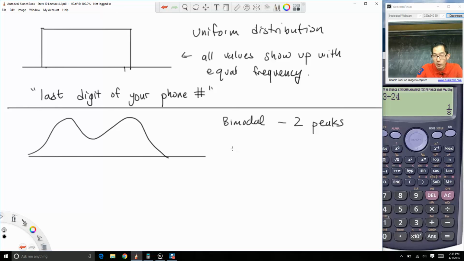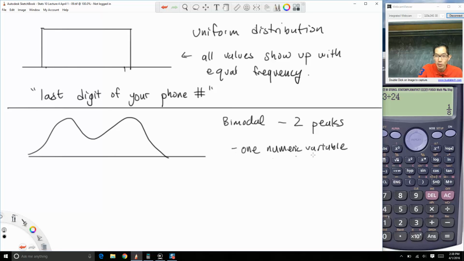Okay, so we are still just looking at one numeric variable, but within that numeric variable, there are 2 values that are both quite common.